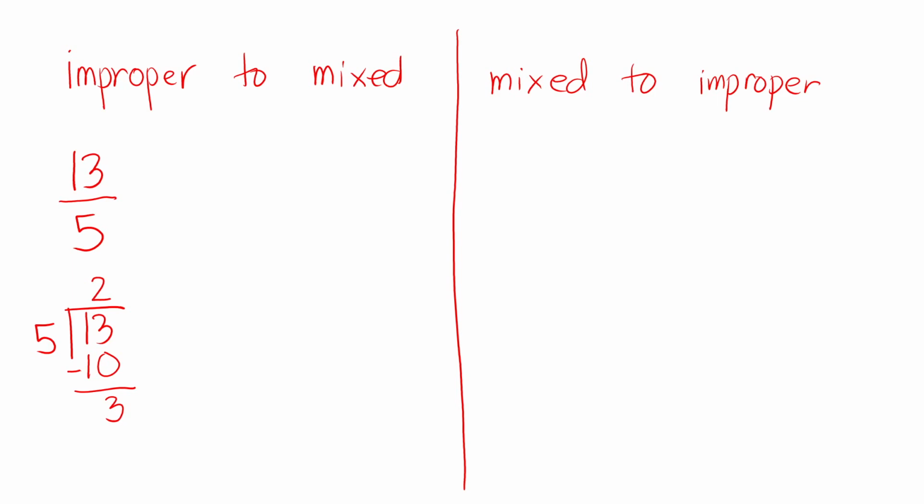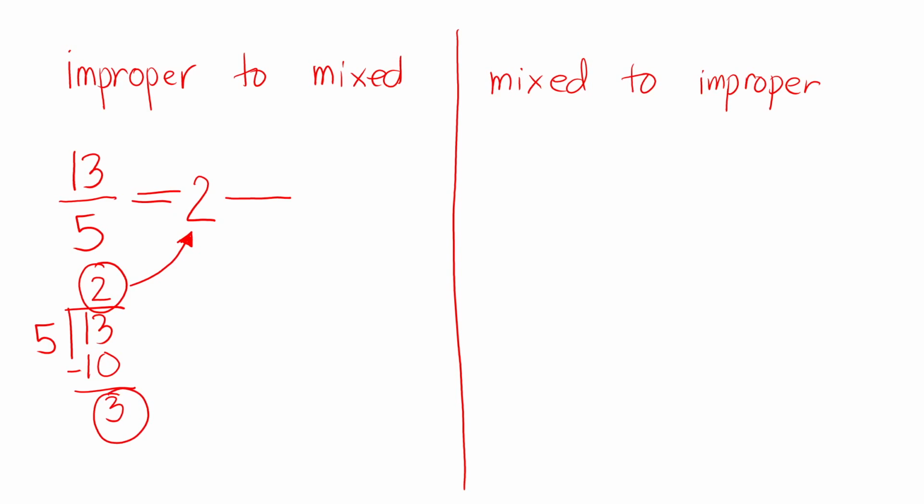So where do I write this? This will be the whole number. Maunay mag-una sa fraction. So this will be the whole number. What's the remainder? 3. Where do I write the remainder?